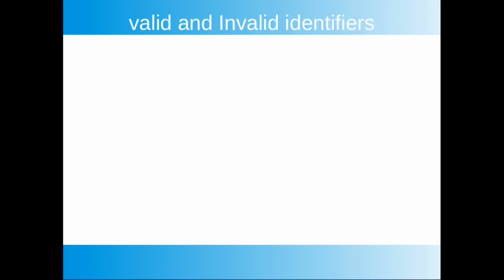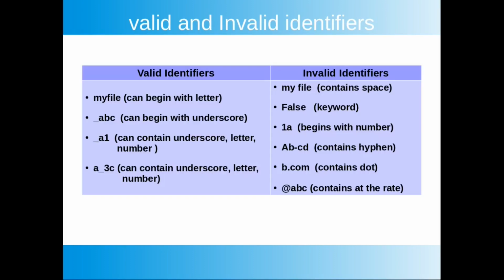Now let us see some valid and invalid identifiers which will give us an idea of how to name an identifier. Here the first column contains the list of valid identifiers and the second column has the list of invalid identifiers. Here my_file is a valid identifier as it can begin with a letter.